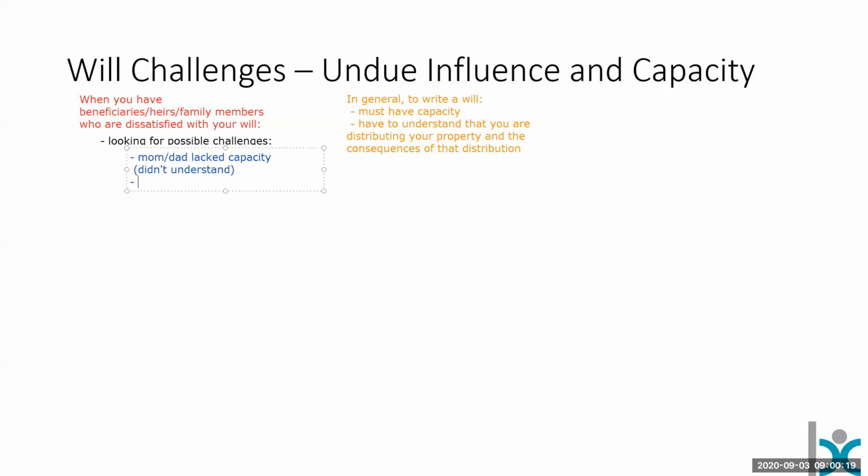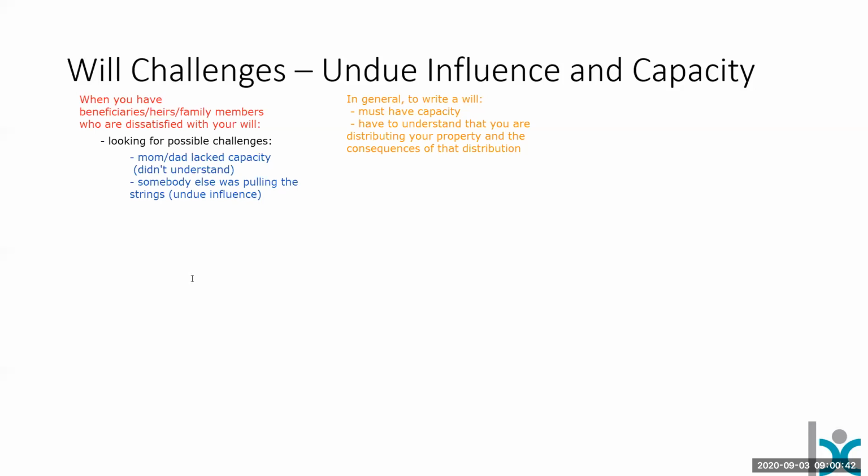And then the other is to say, hey, there was somebody else who was pulling the strings. So that's not a capacity concern, that's an undue influence concern, where they'll say, there was a caregiver, the family member who just happened to be on their deathbed, that kind of thing.